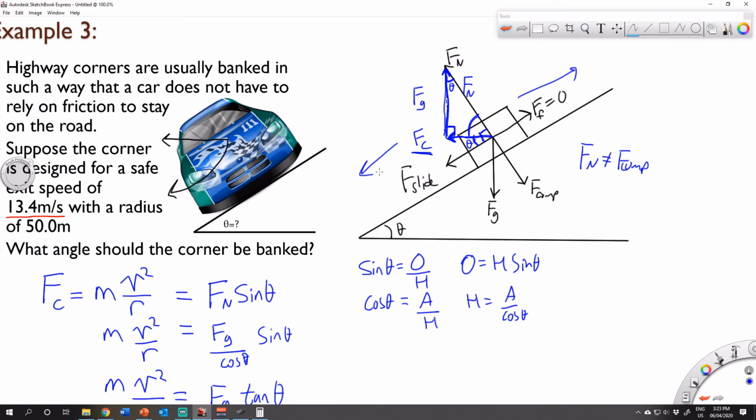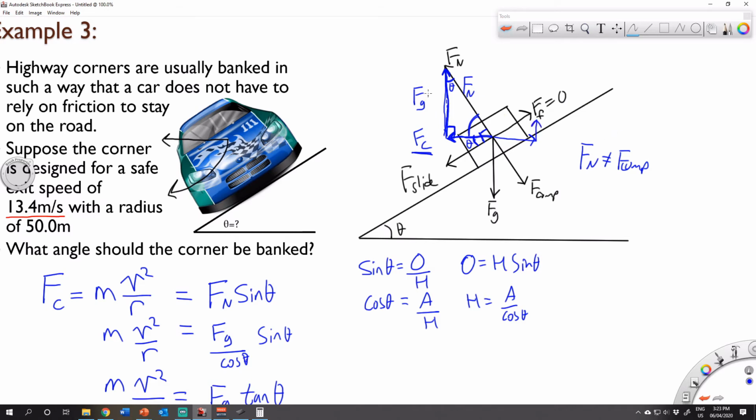Okay. Now suppose that we didn't have friction. Suppose we did have friction. This would change the equation slightly, because you'd have to take into account the friction force, which would cause a horizontal force this way and a vertical force this way.